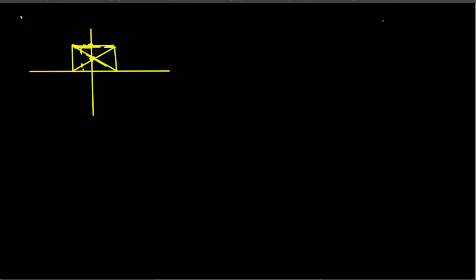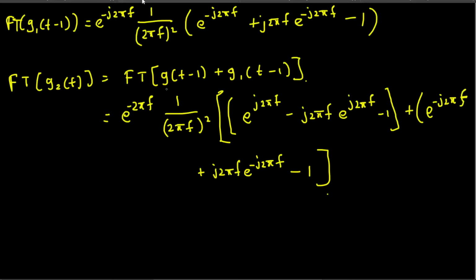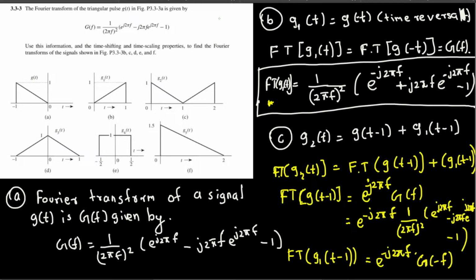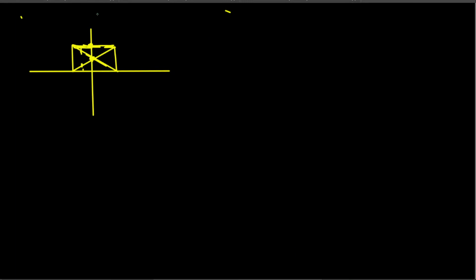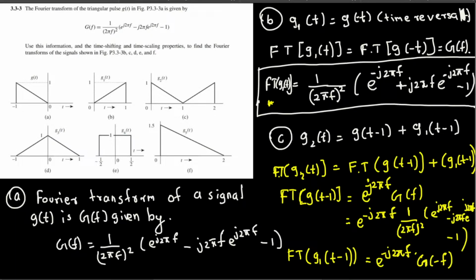Otherwise, some people do derivatives and all that stuff. You don't have to do that if you understand it. So now what we have to do is move g of t half unit to the right. What is this one called? This is g4 of t.